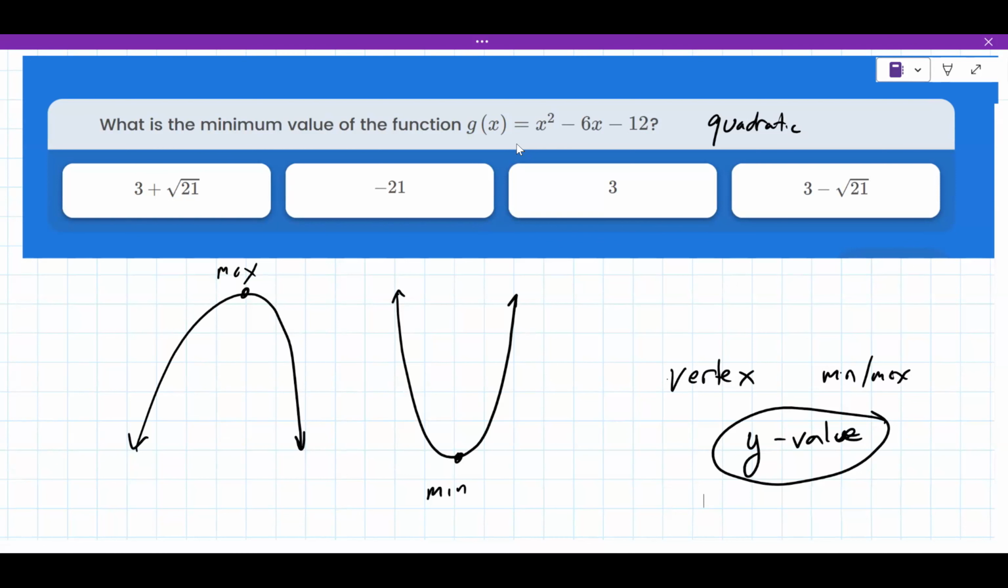When I graph it in Desmos, do I do y equals x squared minus 6x minus 12, or do I keep it without the y? You can graph it without the y, just x squared minus 6x minus 12, or you can put the y equals in. Either way will work.